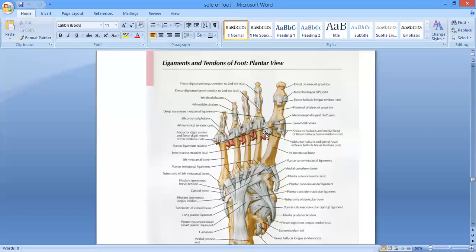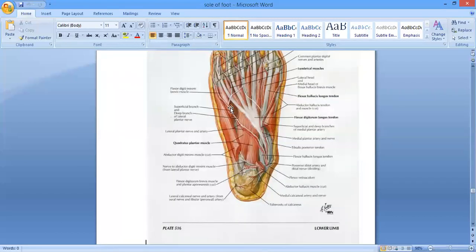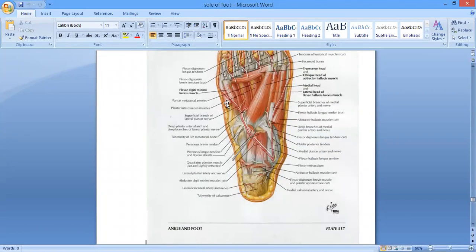Clear ji? We'll talk about the another third one that is called the flexor digiti minimi brevis muscle. यहाँ पे दिख रहा है, ठीक है जी, flexor digiti minimi brevis muscle. And that flexor digiti minimi brevis muscle is getting origin from the base of the fifth metatarsal. You can see this is the fifth metatarsal bone. It's getting origin from here, the base of the fifth metatarsal bone, and it is going to be inserted in the lateral side of the base of the proximal phalanx of the little toe. ठीक है जी. यहाँ पे एक और muscle attach होता है जी. कौन सा muscle attach होता है यहाँ पे जी?